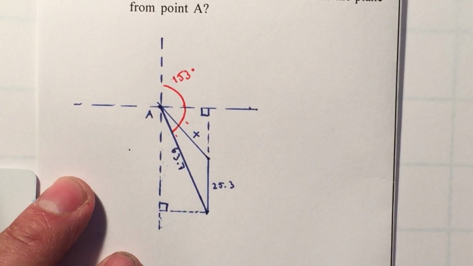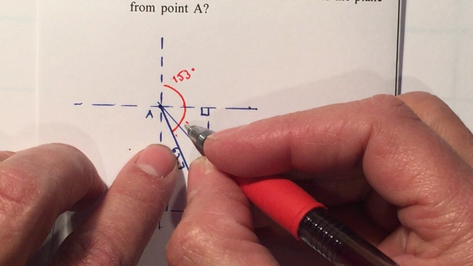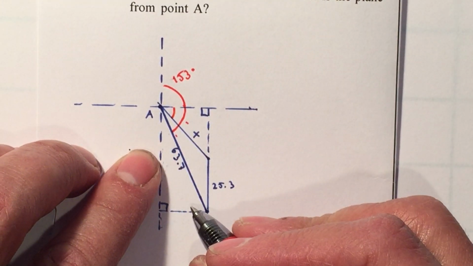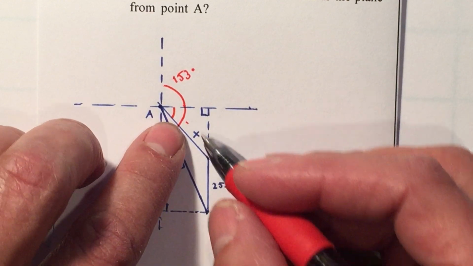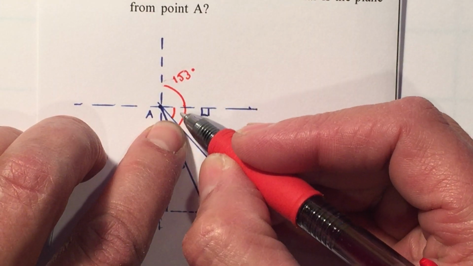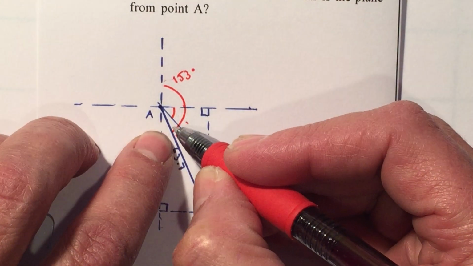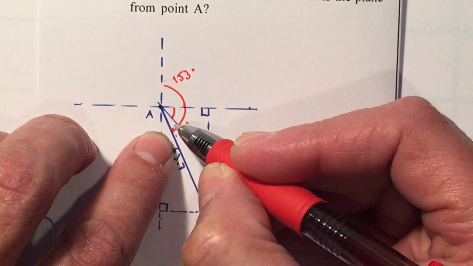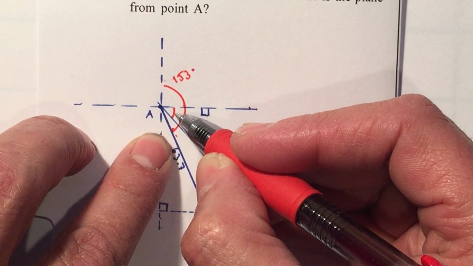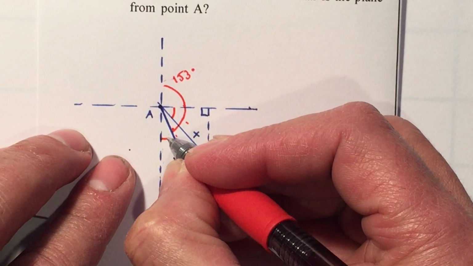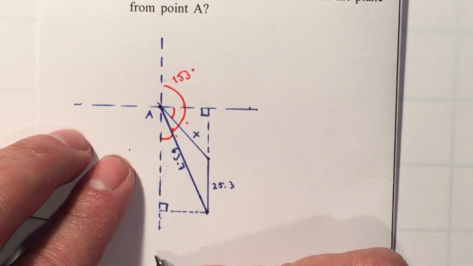So let's look at this side. I'm going to be able to determine this angle here if the angle stops right here. But since this angle continues all the way over here, I cannot know what this angle is. So am I able to determine the measurement of this angle?